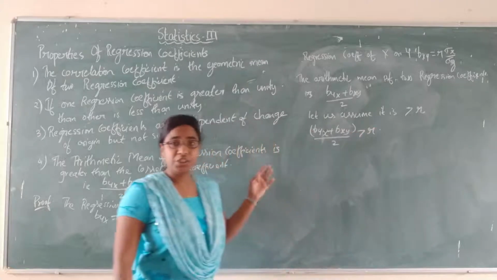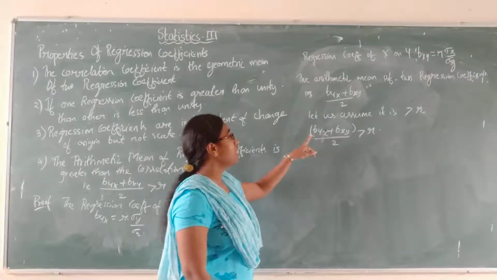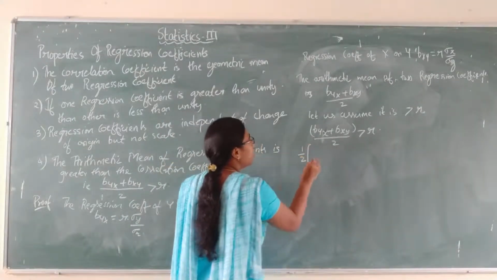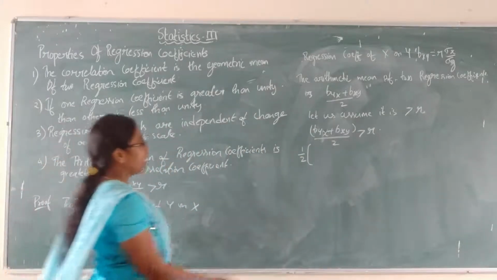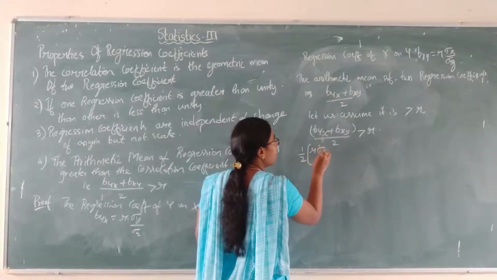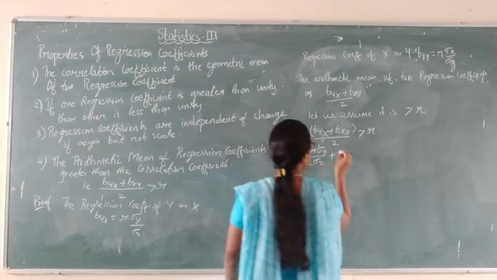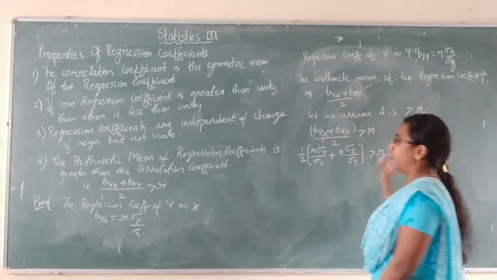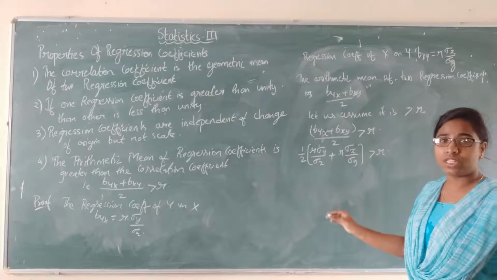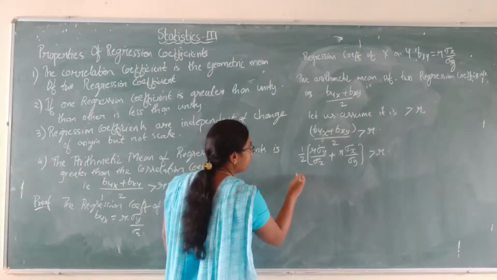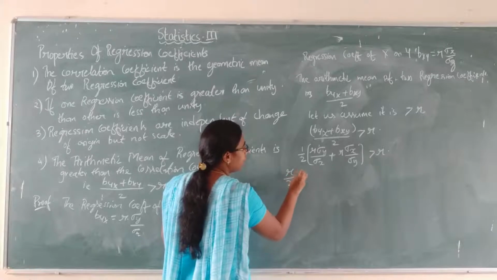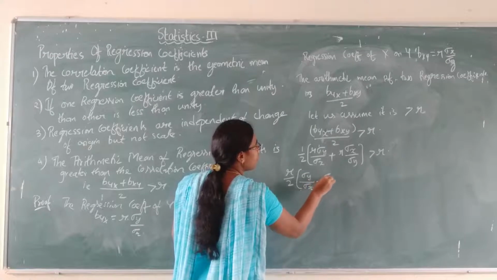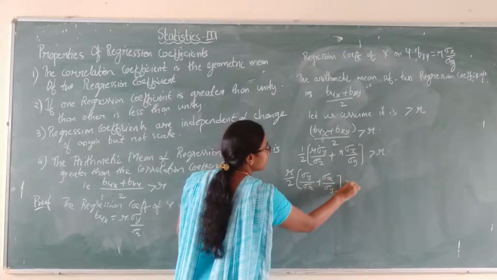After assuming, substitute the b_yx and b_xy values. So 1 by 2 is constant. Now substitute b_yx value. r into sigma y by sigma x plus r into sigma x by sigma y is greater than r. Now from these two terms, r is common, right? So take out r common, you will get r by 2 into (sigma y by sigma x plus sigma x by sigma y), which is greater than r.